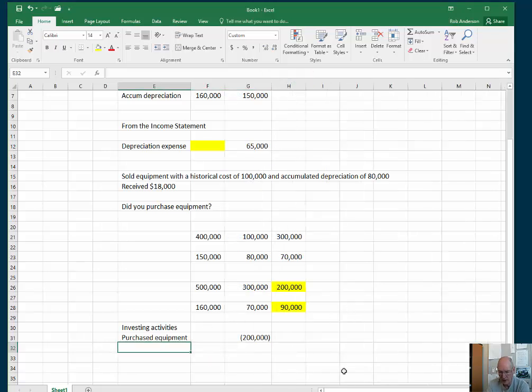And then we're going to have another line that says sold equipment, and that's going to be $18,000, which is the money we received.